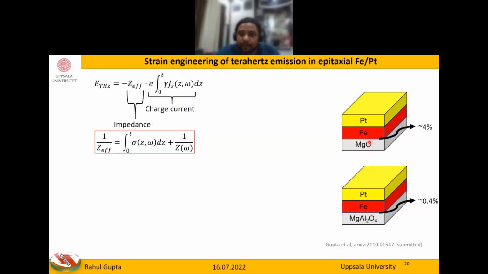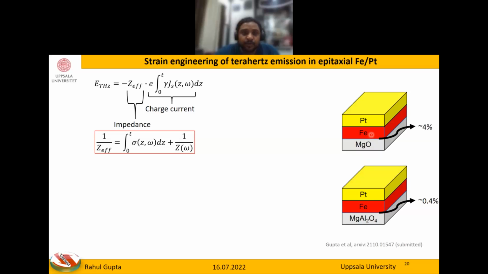Because when iron grows on MgO, it has a 4% lattice mismatch. However, when iron grows on magnesium aluminum oxide, it has 0.4% lattice mismatch, which means it is expected to have epitaxial quality of iron on both substrates, but with different macroscopic properties.